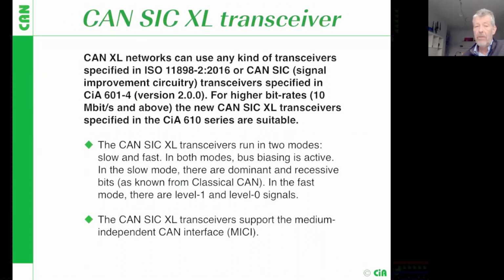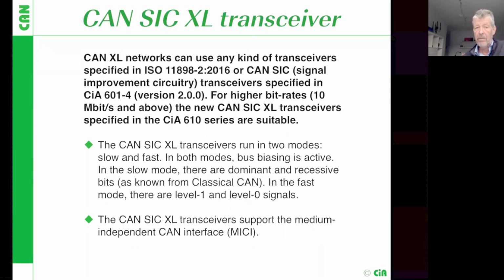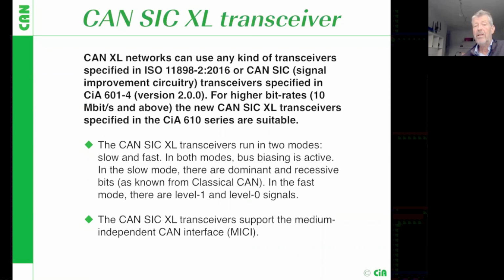Maybe it's not well known that you can use any transceiver for any CAN protocol. This is also the same for CAN XL networks. CAN XL networks can use any kind of transceiver specified in ISO 11898-2 or the CAN SIC transceivers specified in CiA 601-4.